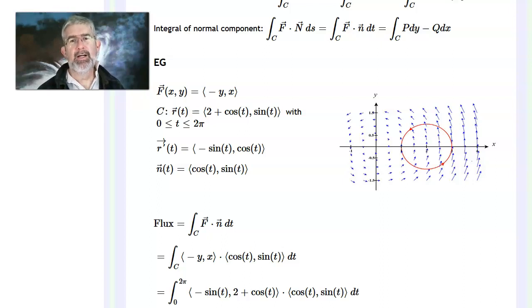So using this vector field and this curve, I take the derivative r prime here to get my tangent vector. It's not a unit tangent vector, but actually in this case it happens to be, just by coincidence.